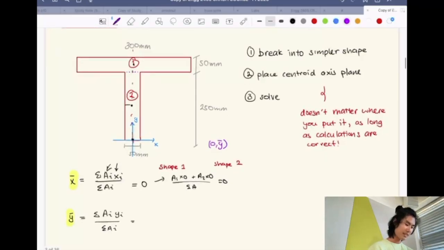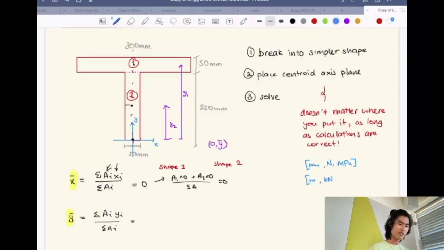So it will be up around halfway here. So that will be for y2. And then all the way up to shape 1, which would be y1. Do we use millimeters for this or meters? That depends. You can use millimeters or meters, and typically you'll learn about the stress part, but we go for newtons and MPa, or kilonewtons and kPa.